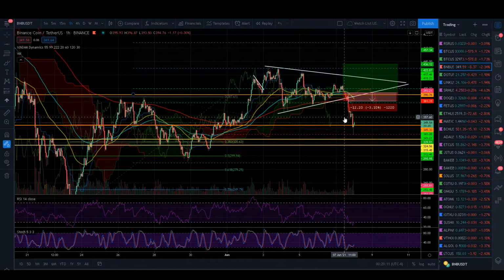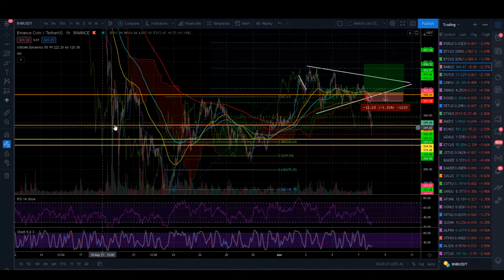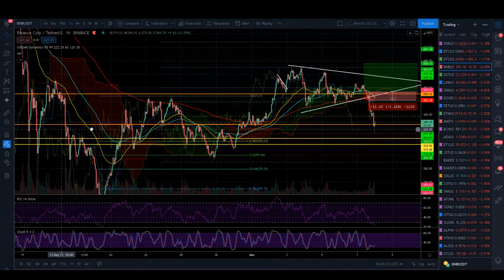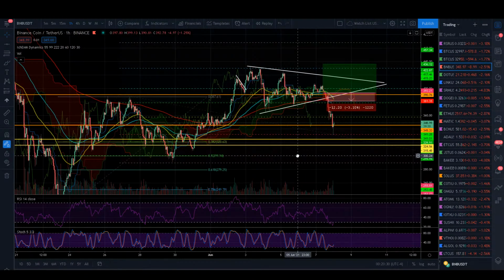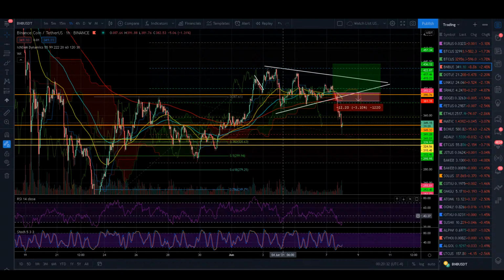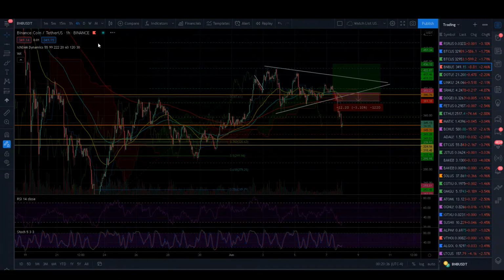So pretty much right where we just settled, there's all that support over here, and then all these rejections, this big support, all these reversals occur right there. I call them splits, where you split the candles right at the support or resistance as it goes the other way. Oversold RSI, everything. All right, let me look at the 4 hour really quick and see if I get a similar bullish scenario.